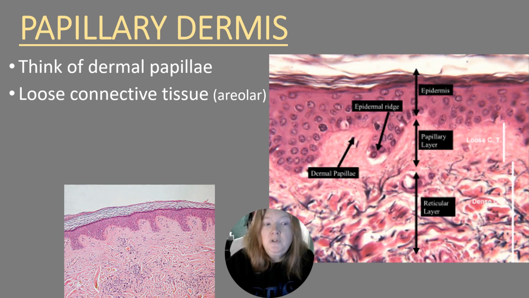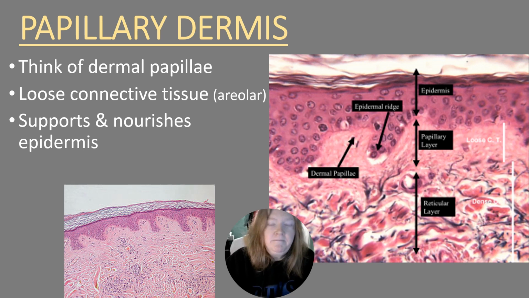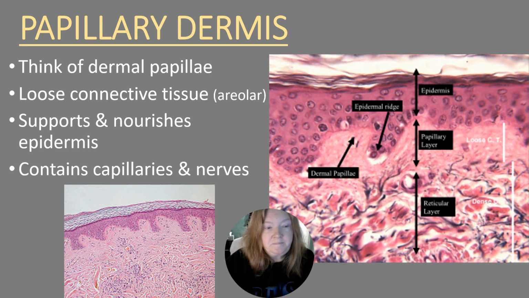This is made of loose connective tissue. So the papillary dermis is loose connective, so areolar tissue. It supports and nourishes the epidermis. So it contains a lot of capillaries and a lot of nerves.